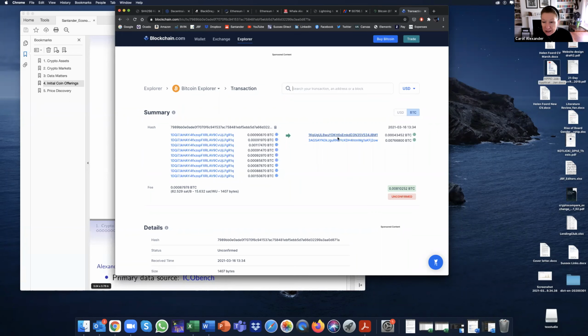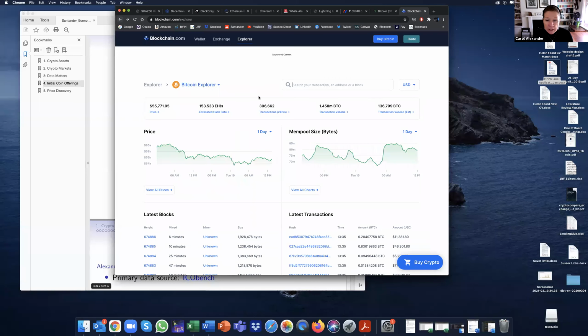And actually, most of it's going here, some of it's going here. This could just be the fee, that the more the fee, the more likely this transaction will be taken from the mempool. So this mempool goes up and down in size.